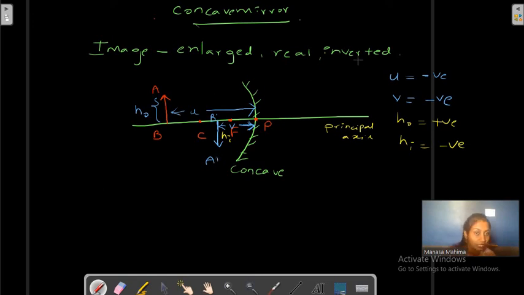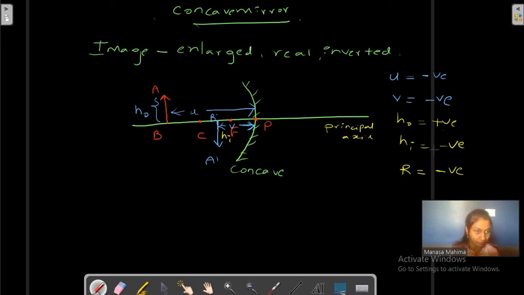Why? Because we are getting an inverted image. So we consider HI to be negative in this case. The radius of curvature of this concave mirror will be negative, right? We are measuring towards the left side of this axis. So R is negative.